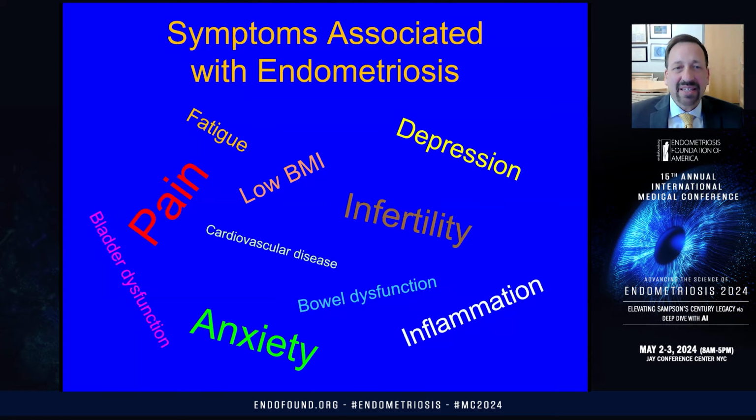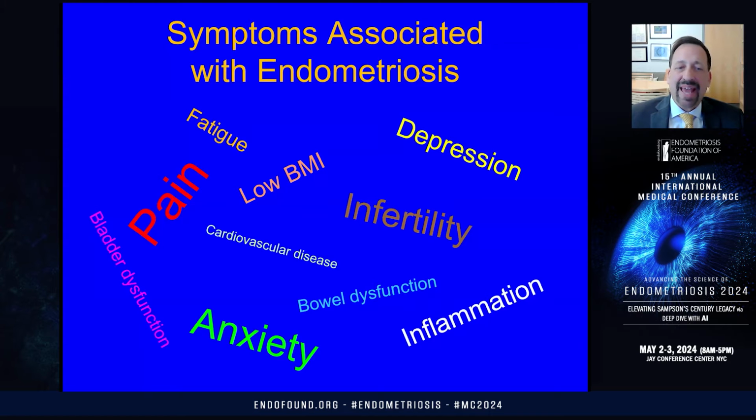And then finally, endometriosis is associated with many other symptoms outside of the pelvis. We see, of course, the infertility and pain that are the classic things we think of. But we know there can be bladder dysfunction, whole body inflammation, bowel dysfunction.